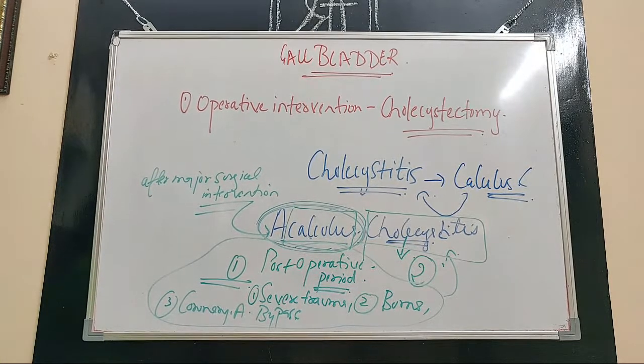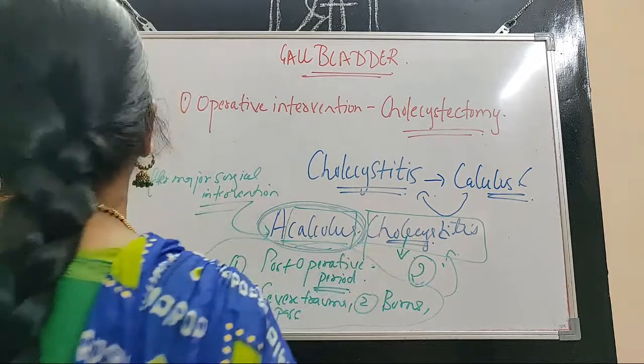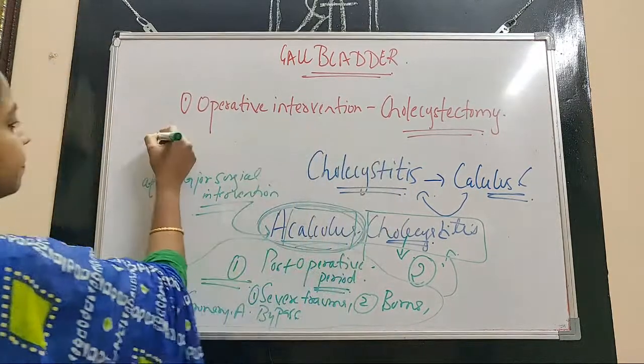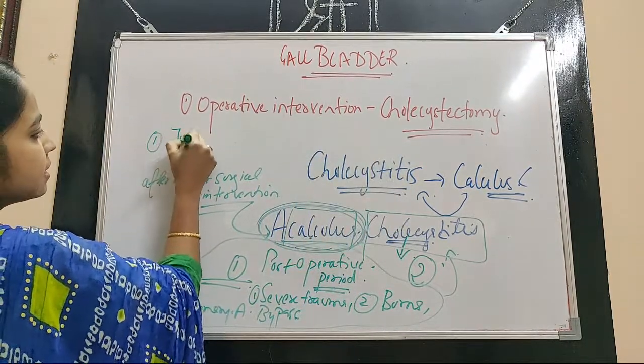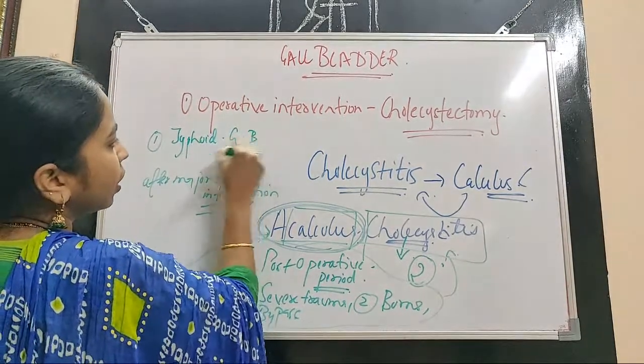So one thing we saw is acalculous cholecystitis after major surgery. The second one is something called typhoid gallbladder.